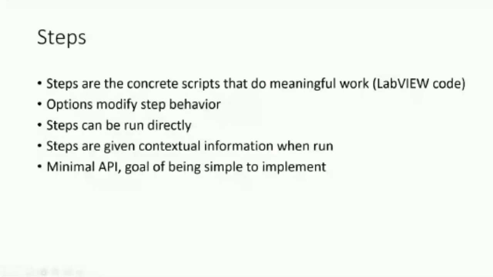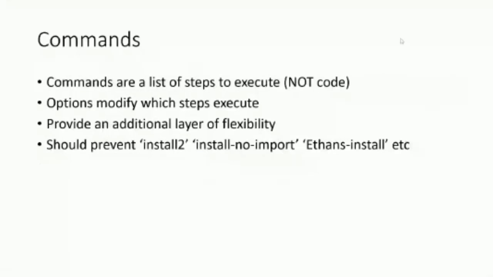So let's take a step back from a step and talk about what a command is. A command is an abstraction around the core functionality that I listed before. Like I'll have a command for install that is going to do those 3 steps in order every time. But that command exists. It's not source code. It's just a configuration object. But you can still pass it options.